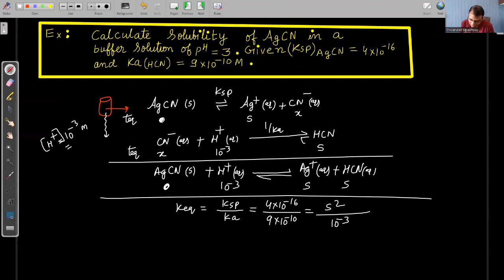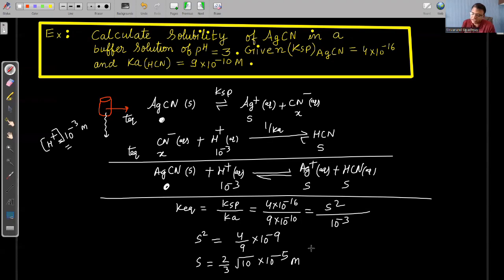On solving, we get that solubility square is equal to 4 by 9 into 10 to the power minus 9. On further simplification, solubility is equal to 2 by 3 times under root 10 into 10 to the power minus 5. So this is the solubility.